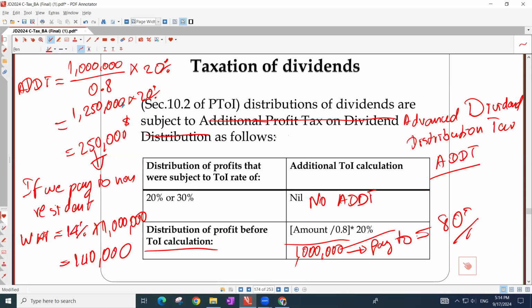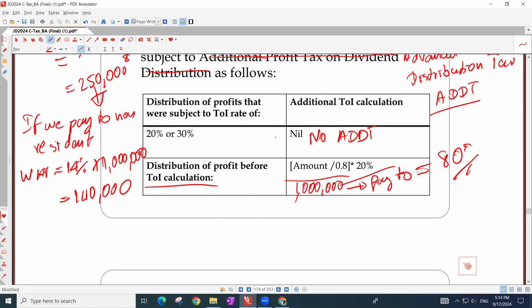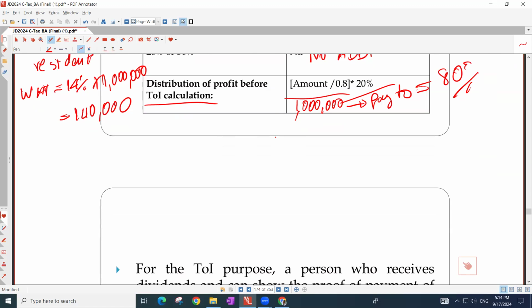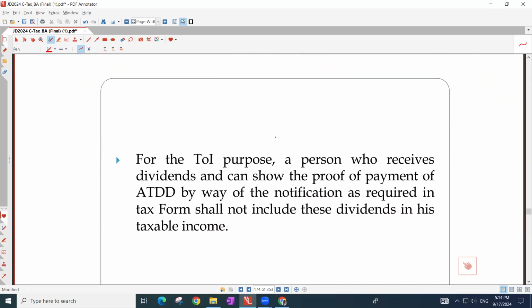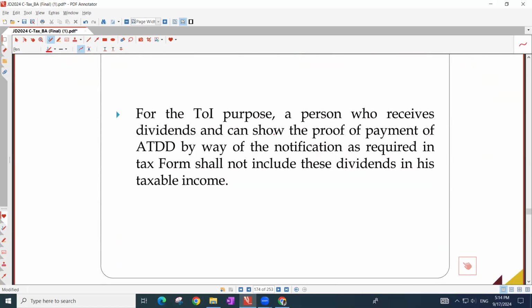Okay, this is the tax related to dividend, which can be ADDT plus withholding tax. Yeah, it's changing a little bit. For TOI purposes, a person who receives dividend and can show the proof of payment for ADDT by way of notification as required in a tax form shall not include this dividend in his taxable income.